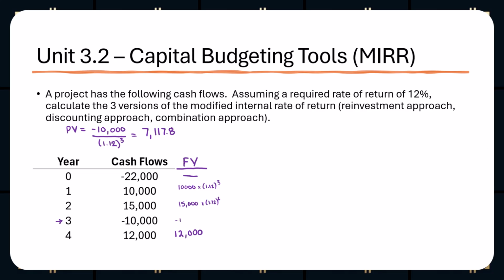And then the last one will be the negative 10,000 times 1.12. And so our future value, I'm going to go ahead and use a different color here. Our future value on this last one, or the time 3, is just simply going to be negative $11,200.